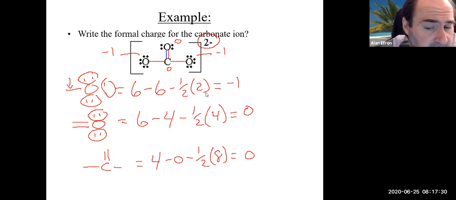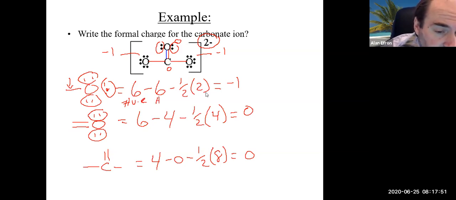The number of non-bonding electrons are the dots in your Lewis structure, right? So all these dots are non-bonding electrons. This number here is the number of valence electrons from the periodic table, so oxygen is group 6.